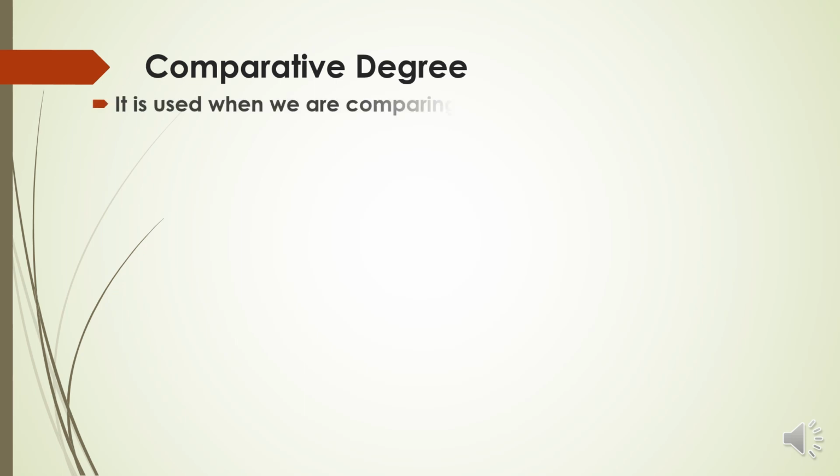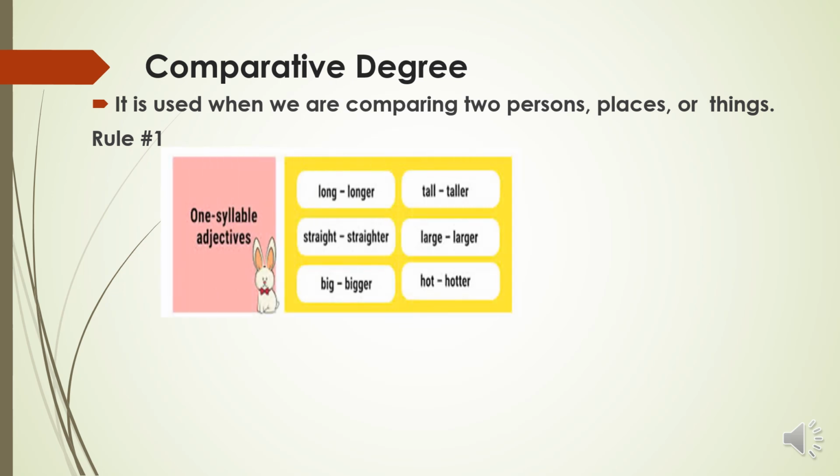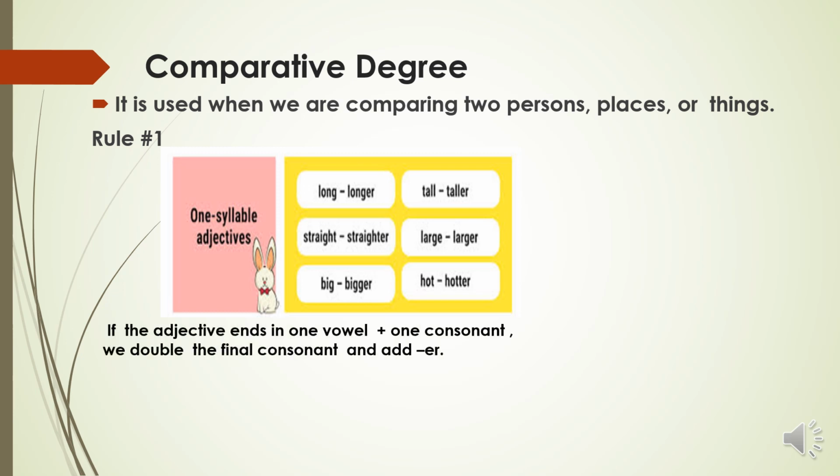Comparative degree. It is used when we are comparing two persons, places, or things. Remember rule number 1. For one-syllable adjectives like long, straight, big, tall, large, hot. If the adjective ends in one vowel plus one consonant, we double the final consonant and add er.